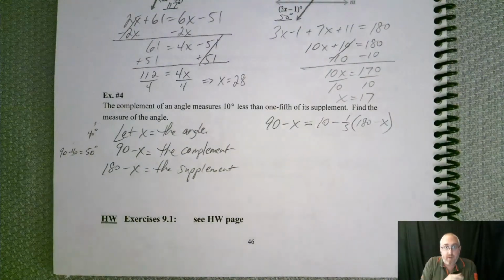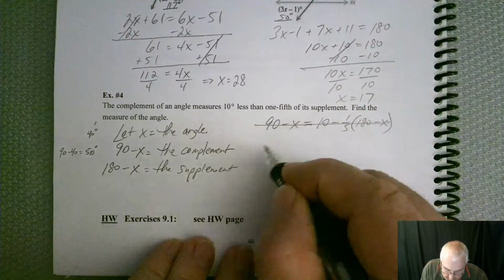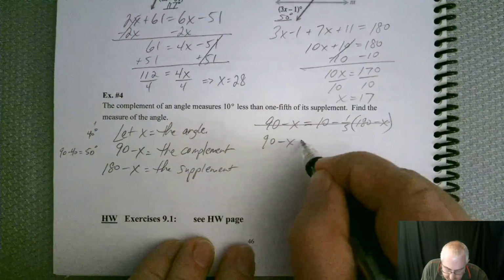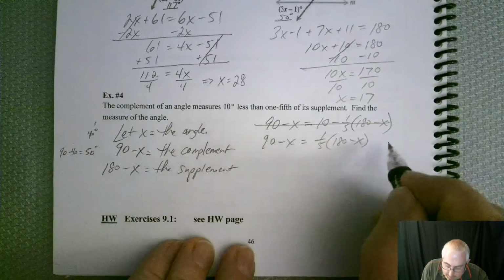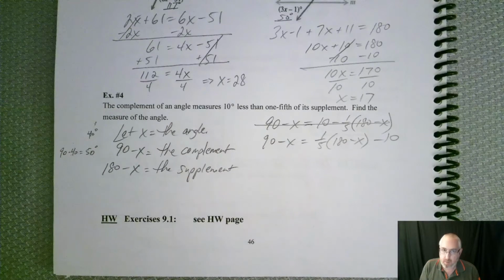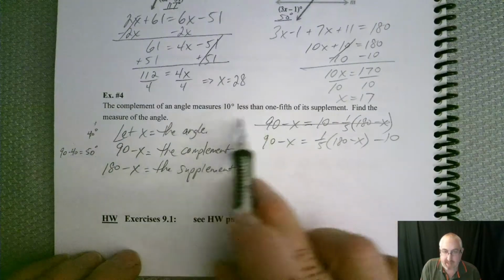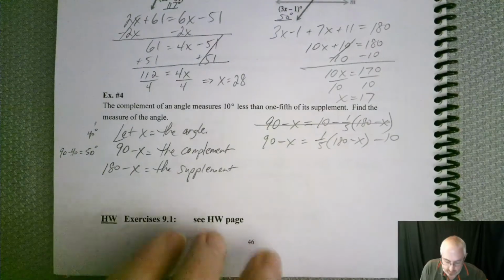Less than reverses it, fewer than, subtracted from, that reverses those. So this isn't quite right. It's going to be 90 minus x equals 1/5 times 180 minus x, minus the 10 at the end. So got to be careful with those phrasings. Less than is a reverse subtraction. But now we have our equation, so now we can start to break this down.